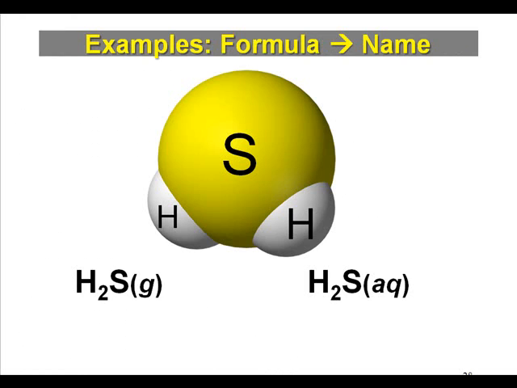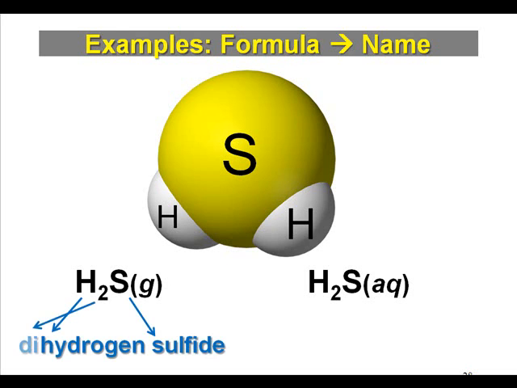So here we go. You have H2S. Now there's an error because it's written as G. It actually should be S because it's a solid. So H2S in a solid form is hydrogen sulfide. And that exists as a solid powder. But if you take that powder and dissolve it in water, now it's an aqueous acid.